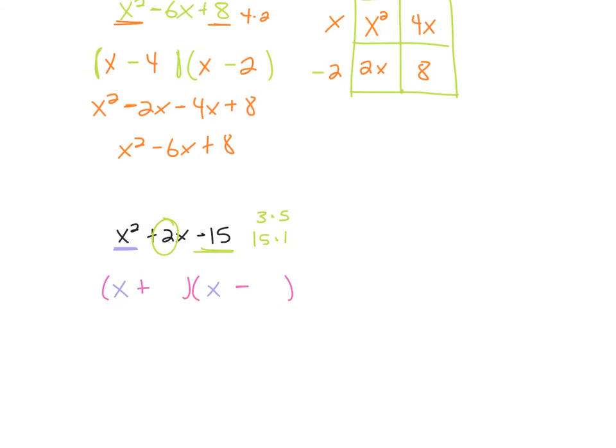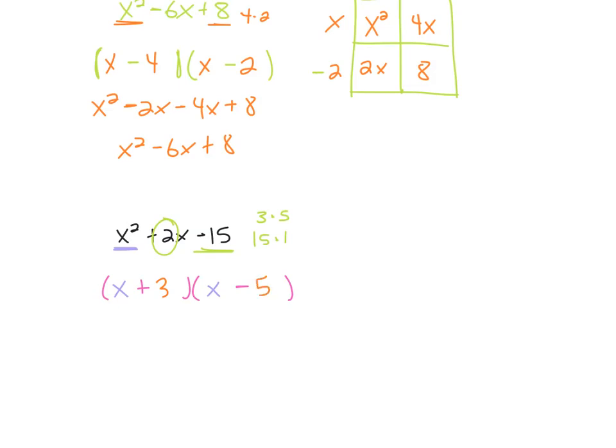So then it's a matter of deciding where does each number go? Does the 5 go with the positive here and the 3 with the negative? Or is it the other way, that the 3 goes with the positive and the 5 goes with the negative?